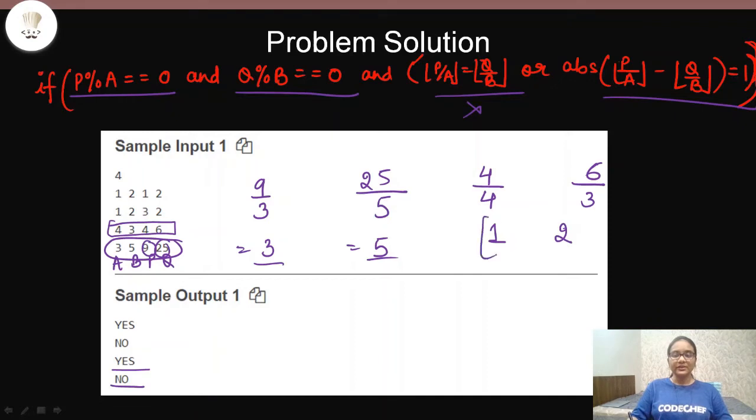P and Q are multiples of A and B, and the absolute difference between these two is 1. So Alice and Bob will be able to achieve the skill set P and Q on some day. So that's why the answer is yes. Similarly, you just have to put this condition and you are good to go.